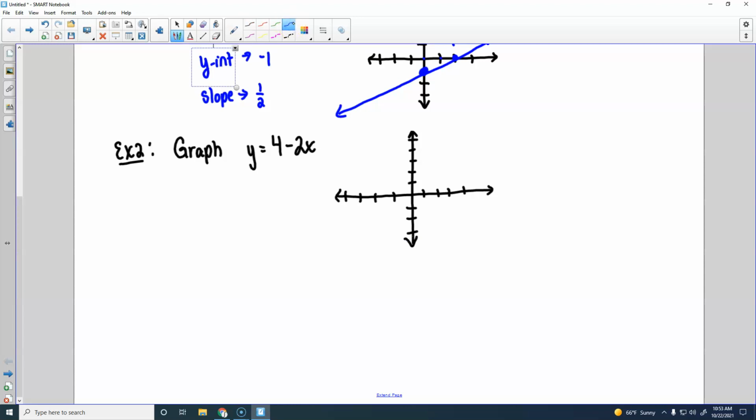Okay. Zane, what's the y-intercept? It is 4. It is not 2 this time. It's a number by itself, right? So it doesn't matter which order they're in. It's a number by itself. So Zane was correct on that.